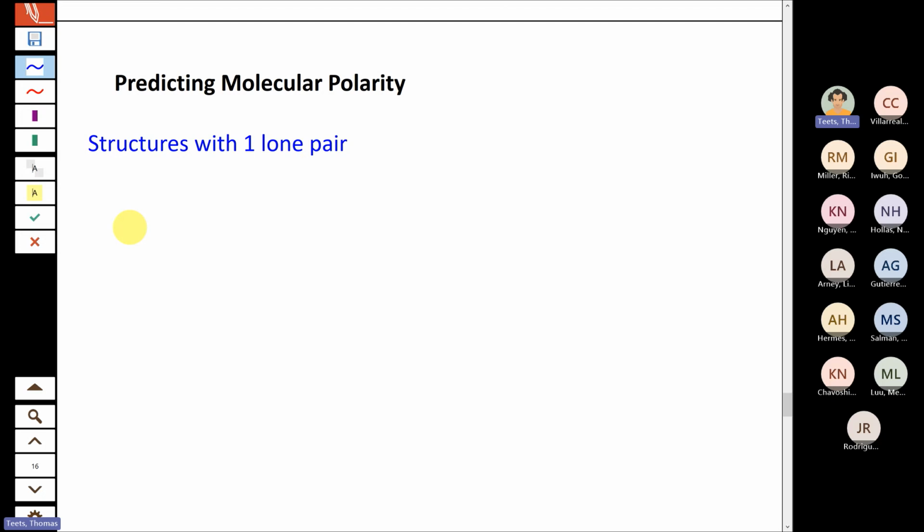So if you have structures that have one lone pair on the central atom, that would be AXnE1, where there's one lone pair on the central atom and some number of outer atoms, these ones are always polar.